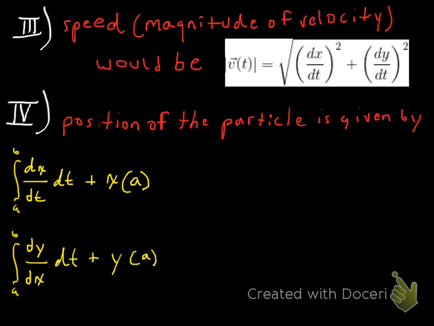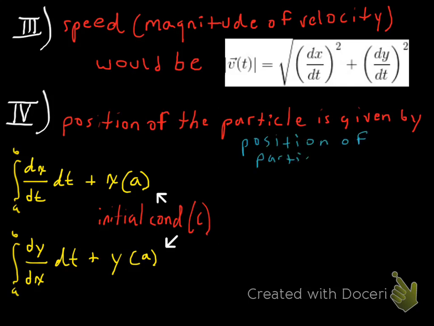So I'm integrating from a to b, which is a defined parameter, of the first derivative dx dt of the x point and dy dt of the y point, and then I'm adding onto them the initial condition defined by the starting point of the integral, which is in this case x of a and y of a. So that's the initial condition, and that will give us displacement plus the starting position, which will give us the final position at point B.